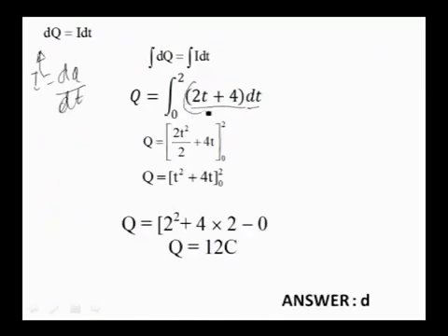Now, integration of 2t is 2t square divided by 2, and integration of 4 is 4t, with upper limit 2 and lower limit 0. Applying the limits, the 2 and 2 cancel, giving t square plus 4t from 0 to 2. Taking the upper limit, 2 square is 4 and 2 fours are 8, so we get 4 plus 8, which is 12 coulomb. Therefore, the correct answer for this question is D.